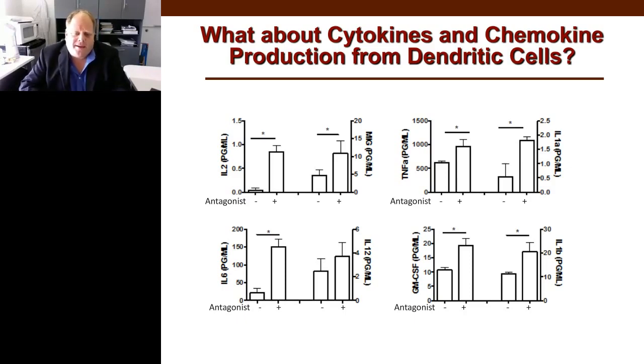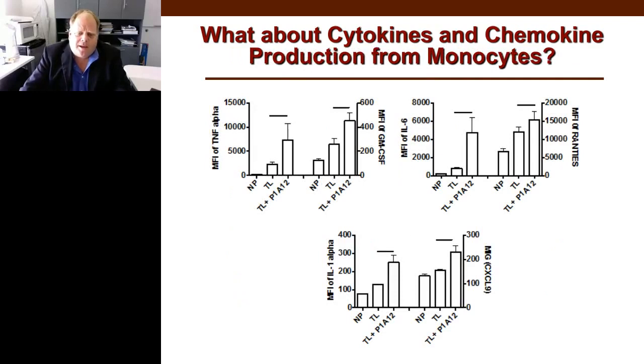With the antagonist alone, we didn't use any kind of tumor lysate or OVA, nor did we use an adjuvant. This is with our antagonist alone. We get a production of cytokines. Interestingly, we don't see that in monocytes. However, when you pulse them with our tumor lysate plus our antagonist, we get a synergistic expansion of multiple cytokines and chemokines.